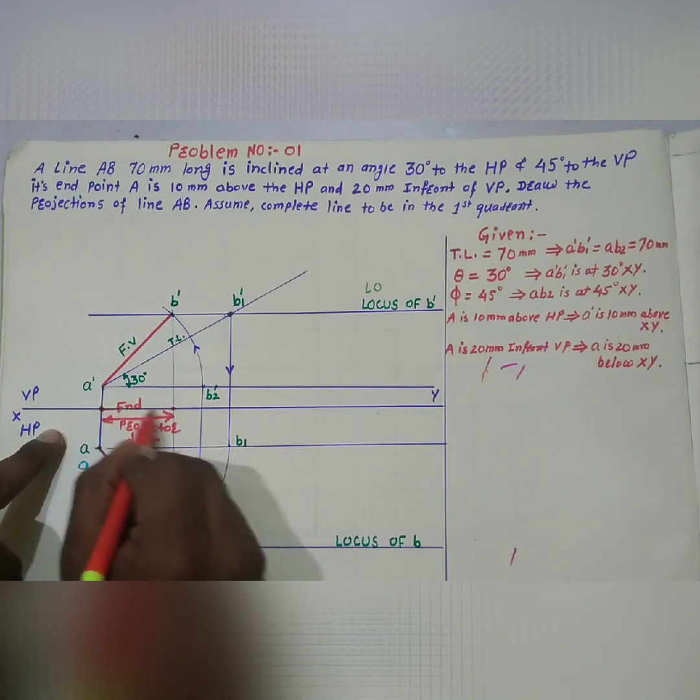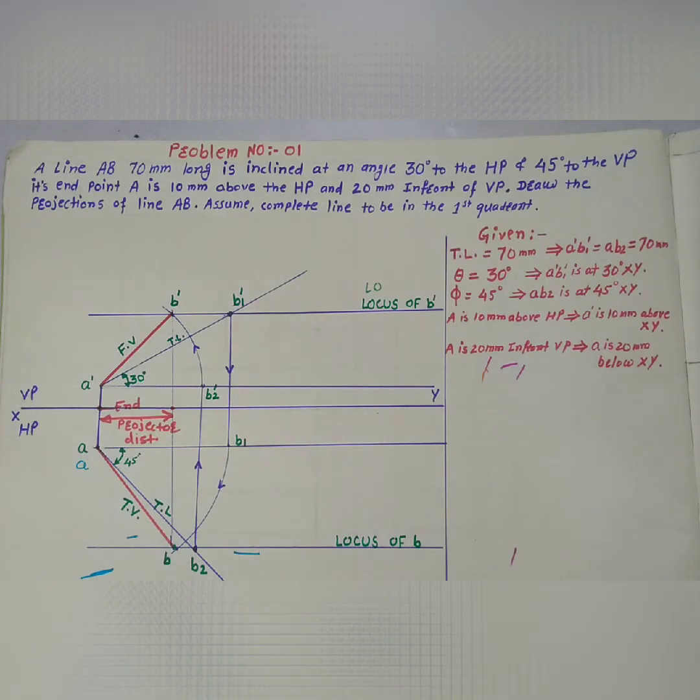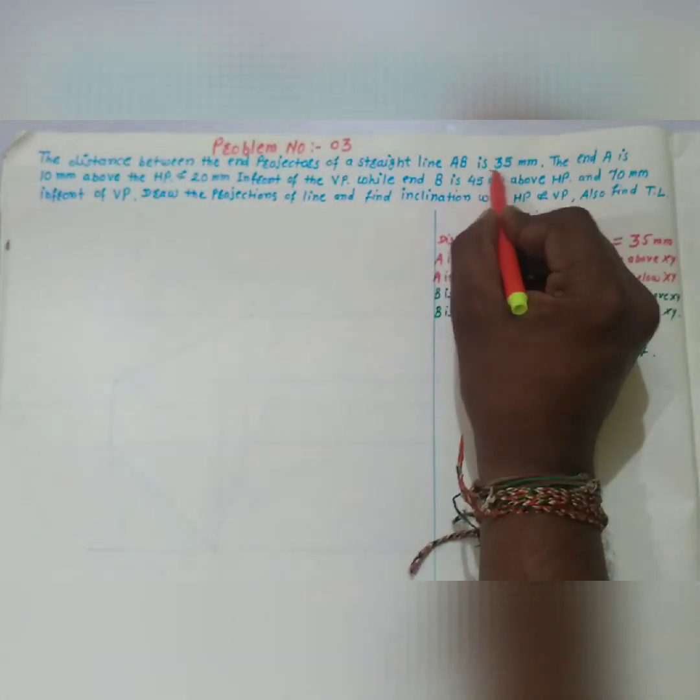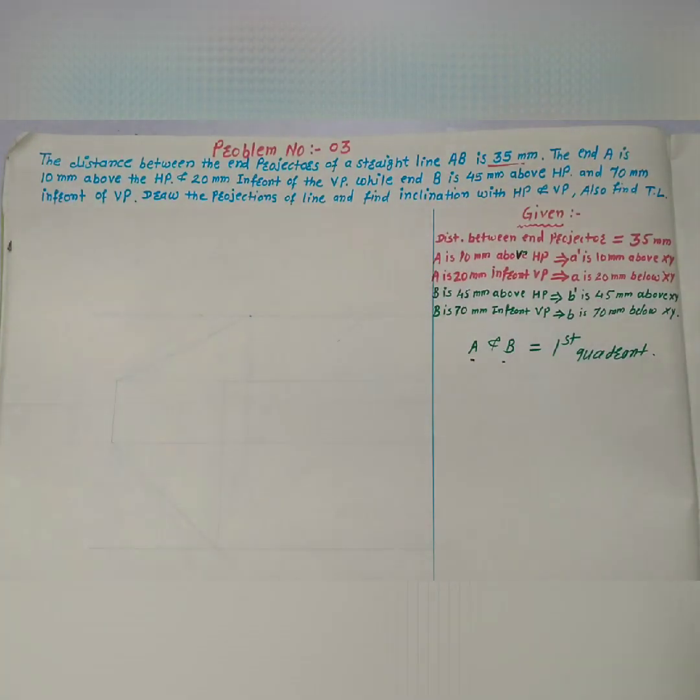The distance between these two lines is your end projector distance. So the distance between the B dash line and the A dash line is nothing but the end projector distance, and the distance given in the question is 35 mm. Okay, so let us start our problem.